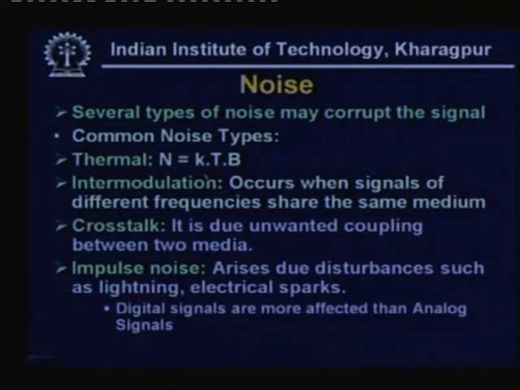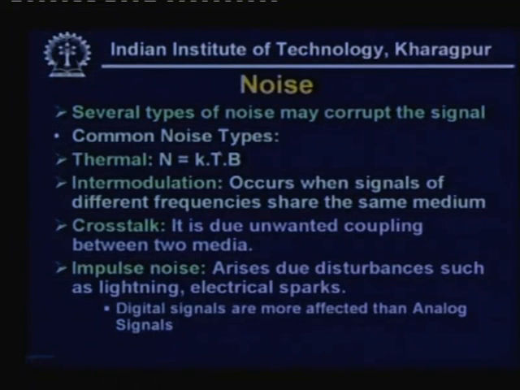We are getting some noise, and this is known as thermal noise. And this thermal noise is dependent on 3 parameters, where K is the Boltzmann's constant, T is the absolute temperature in Kelvin, and B is the bandwidth of the channel.